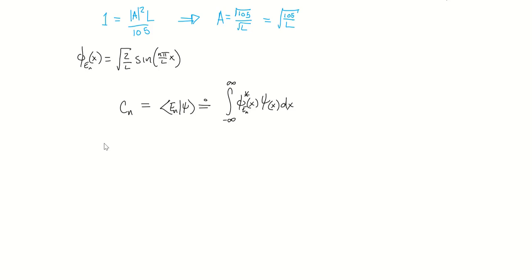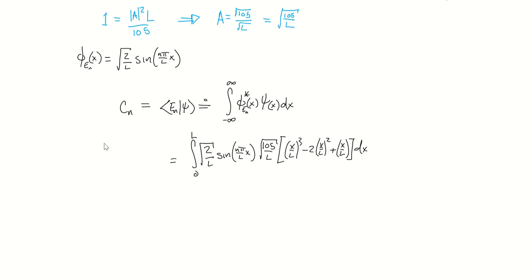Again, both of these only have non-zero values inside the well, so we're only going to integrate from 0 to L. We're going to integrate from 0 to L of 2 over L all square rooted, sine n pi over L times x, times that wave function we just had, 105 over L times x over L cubed minus 2x over L squared plus x over L, times dx.